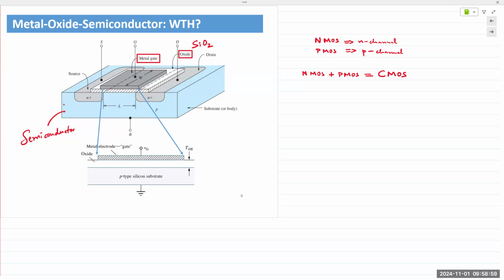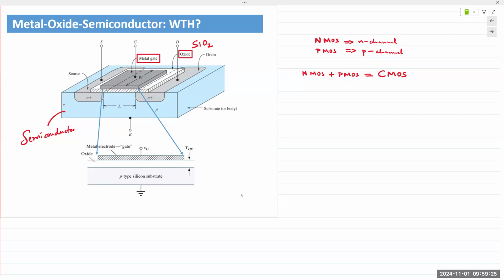Complementary because one of the easiest and the first structures built from N and PMOS transistors was an inverter gate. You connect the NMOS and a PMOS transistor back, well, not back to back, quite back to back, kind of like in series, and you can create an inverter gate out of those two transistors. And that is one of the easiest or the most basic of building blocks for our logic circuits.